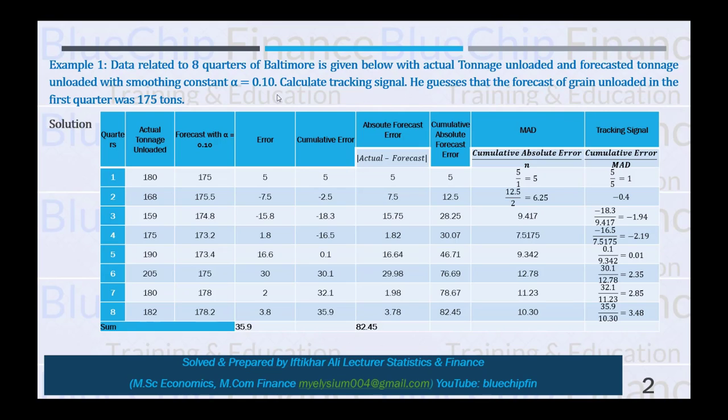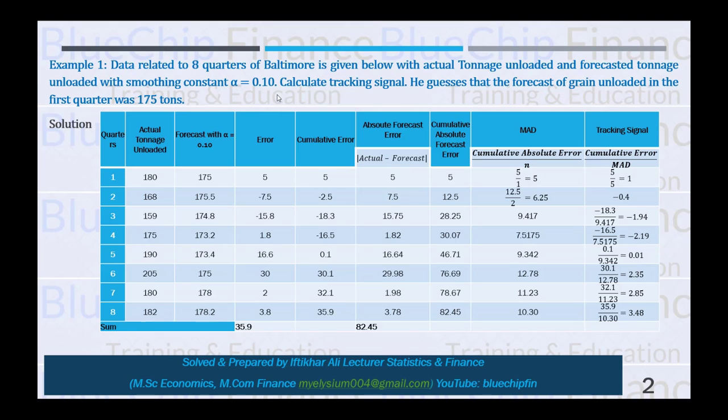Here we are going to take one example from the book by J. Heizer, Operation and Production Management. The question is that data related to 8 quarters of Baltimore is given below, with actual tonnage unloaded and forecasted tonnage unloaded, with smoothing constant alpha equals 0.10.